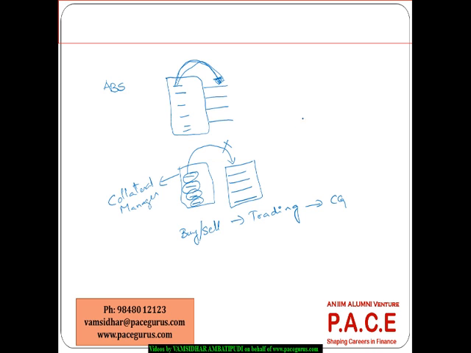Which means traditionally it is not an asset backed security, because the interest and principal cash flows of the assets are not used to make the payments to the investors. Rather, the net cash generated from buying and selling the assets in the pool is the source of cash flow payments to the CDO investors.